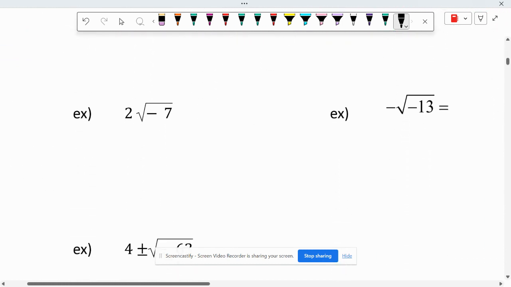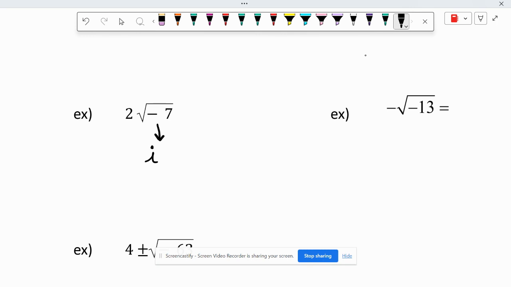Okay, I think there's one more example on this page. Oh, several more. So what about this one? I'm going to go with what Chandler just said. If I have this negative underneath a radical, how do I get rid of that negative? Pull out an I. I'm just going to take an I out. So I have 2 times I times the square root of 7.